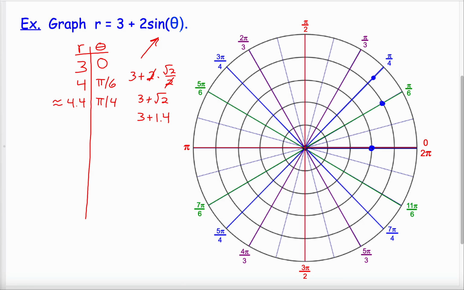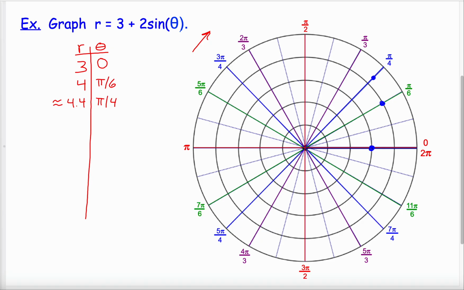You'll see some people will want to avoid some of the angles based on which function we're using. So if it's a sine, pi over 6 is good because the sine is a half. But at pi over 4 and pi over 3, we get square root numbers, and it's going to be hard to figure out our answer for r. But I'll do it for the first quadrant just to make sure we understand what's going on. Obviously, the more points we plot, the better our curve will look.